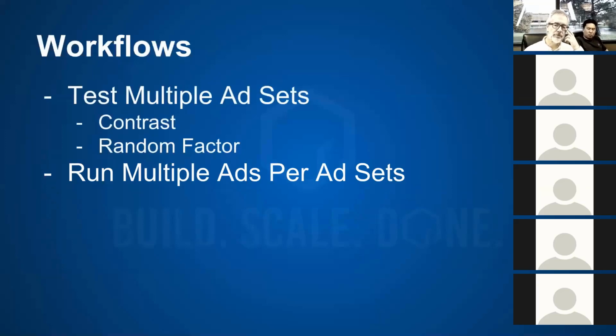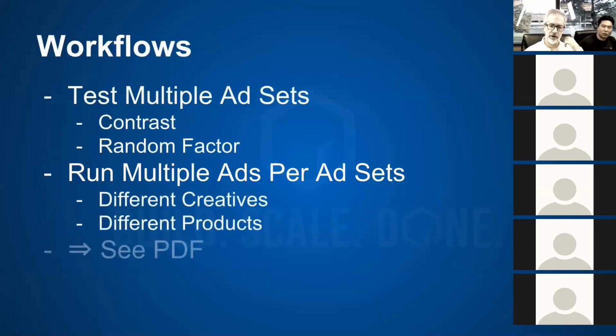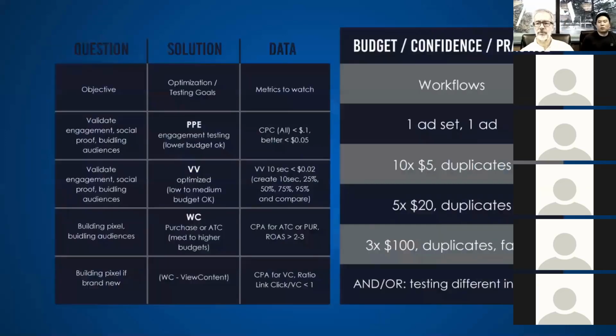Okay, so if you run multiple ads per ad set all the time, you get a better feel for how this split testing can work out for you. So test different creatives, test different products, and now we're going to look at this PDF that was in your group there in the MEMS area.